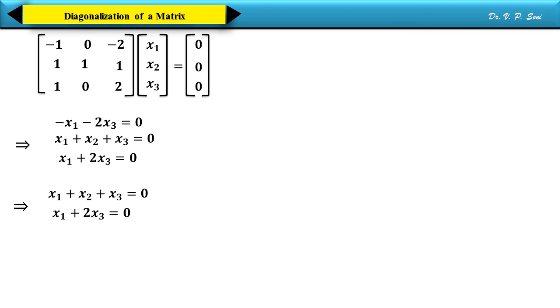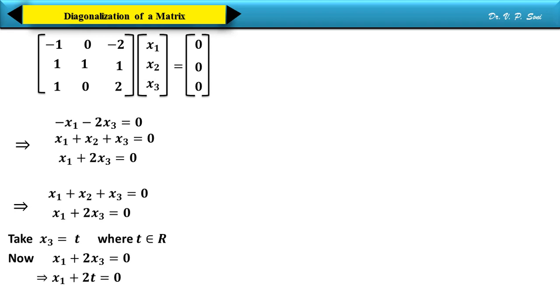Here there are two equations and three variables. Therefore take the last variable x3 equal to t, where t belongs to R. Now from the second equation x1 plus 2x3 equal to 0, this implies x1 plus 2 into t equal to 0 because x3 equal to t.